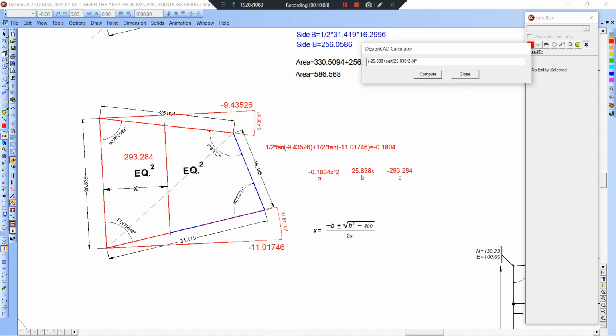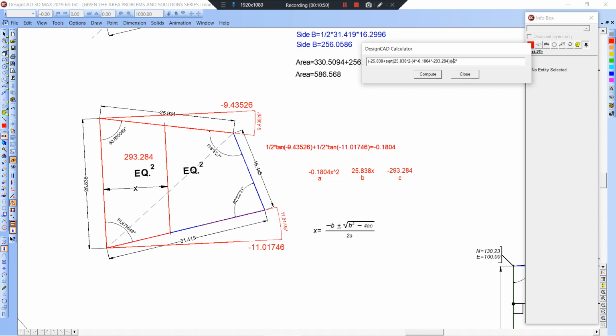4 times a, which is negative 0.1804, times c, which is negative 293.284. Close parentheses there, close the other parenthesis, close the third parenthesis. So that's that for the square root, and then that's that for the overall, divided by 2 times a, which is negative.